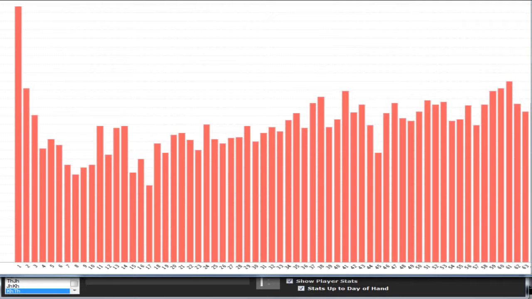And when he goes to the final table, look how beautiful the graph looks. From 8th up, it goes up, up, up, and what he does the most is finish 3rd, 2nd, and 1st, by far his most repeated finish position.